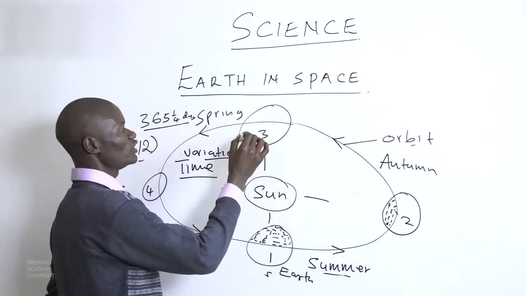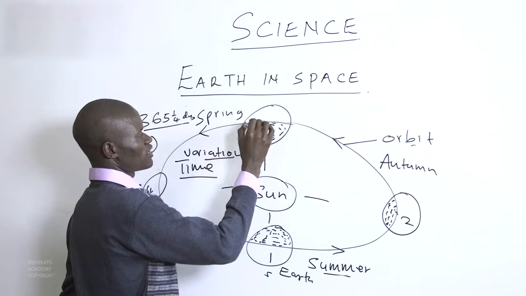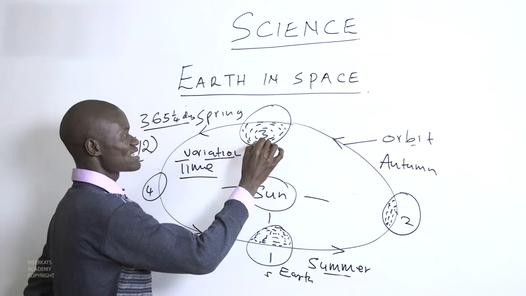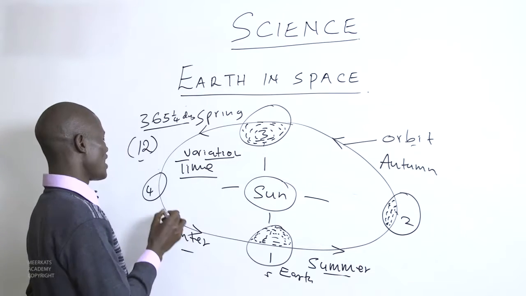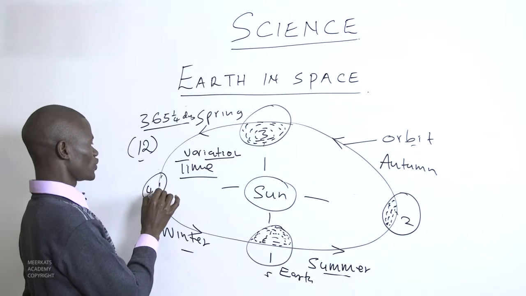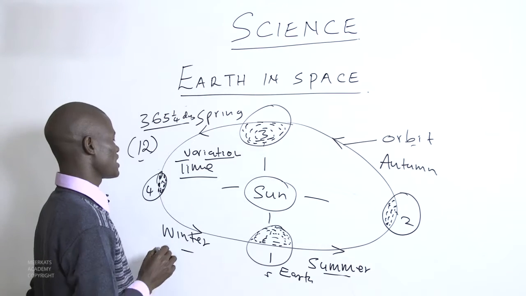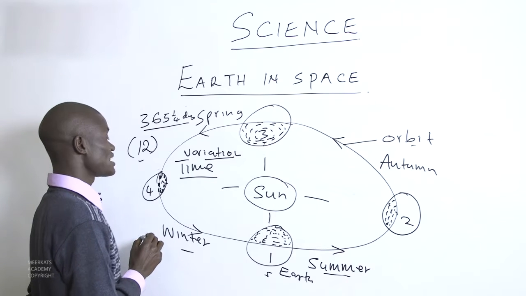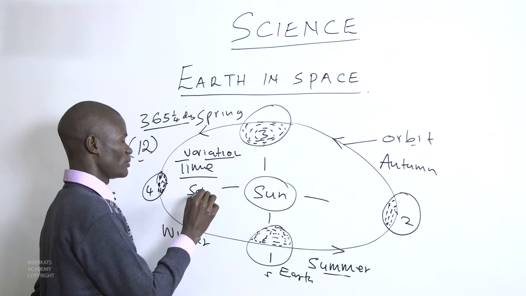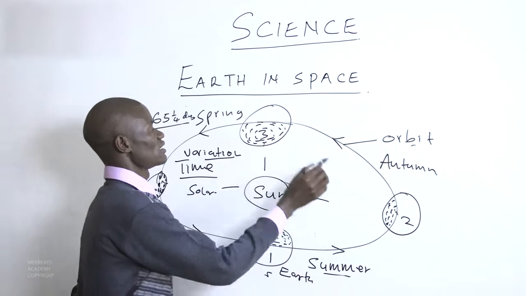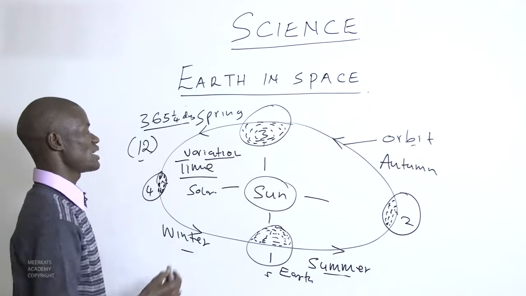As you move on to the next, during the spring, the southern hemisphere is the one that experiences solar radiation. As you move further away, this eastern part is the one experiencing the solar radiation. Therefore, this revolution is causing variation in time.